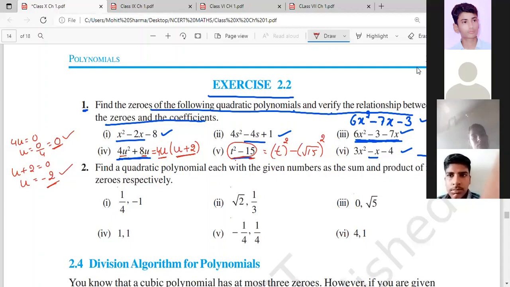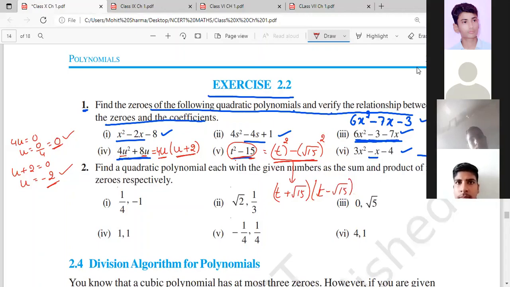And then use the identity a squared minus b squared. और जब आप a squared minus b squared की identity use करोगे, you will have t plus under root 15 and t minus under root 15.